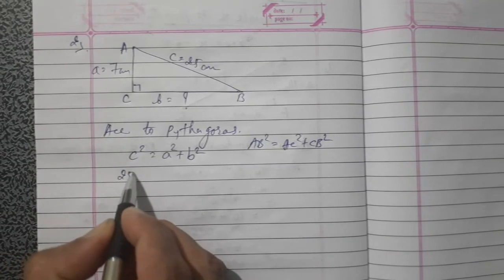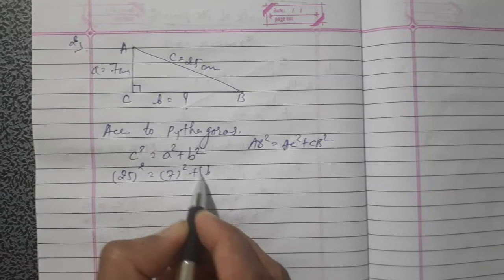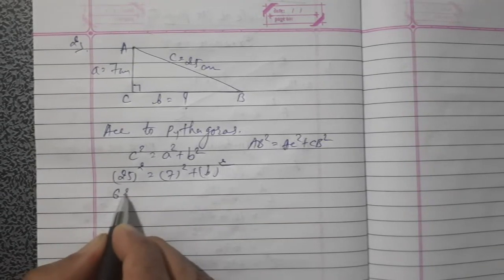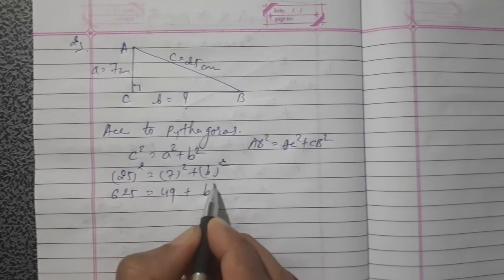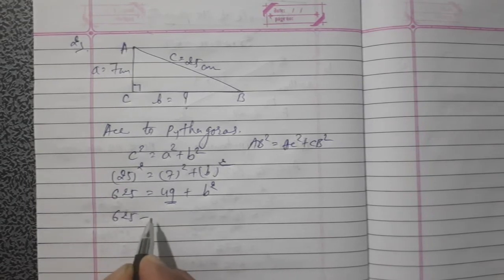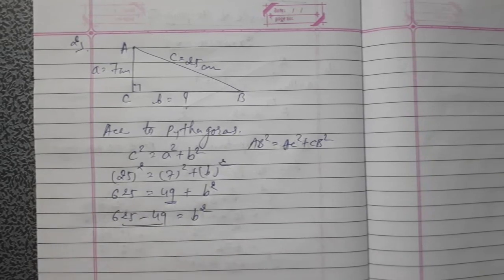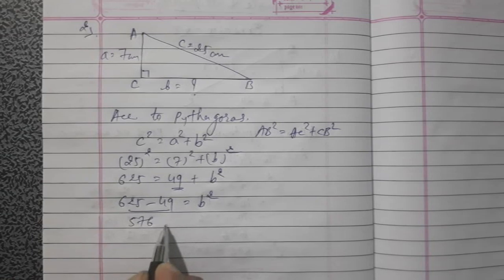So 25 square equal to 7 square plus B square. 25 square is 625, equal to 49 plus B square. Now change the side of 49. So 625 minus 49 equal to B square. 625 minus 49 equal to 576, equal to B square.